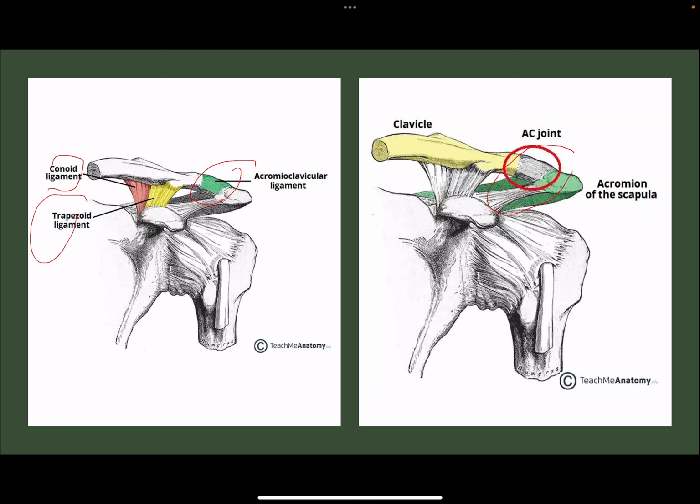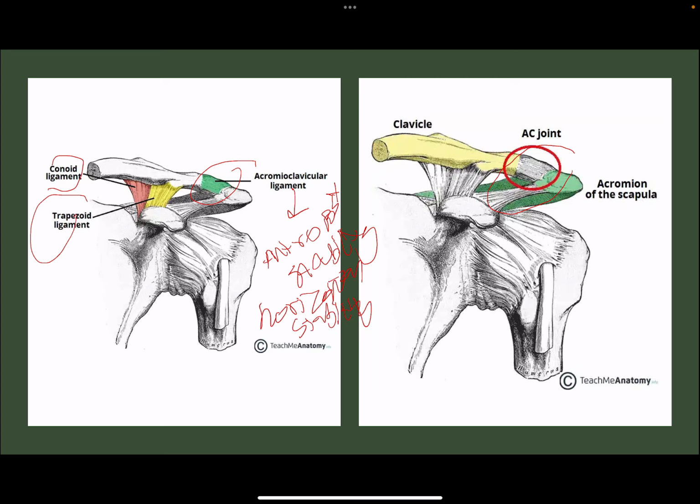The AC joint ligaments control anteroposterior stability, like horizontal stability.